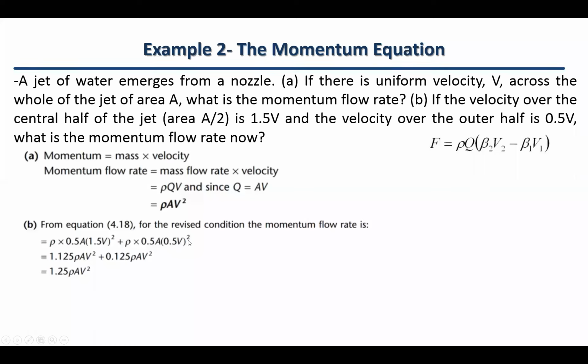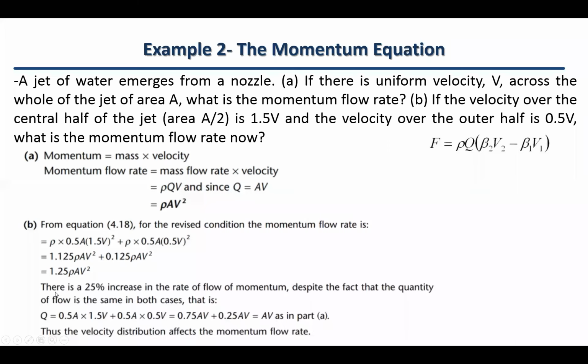If you raise these to the power 2, multiply by half, and add them up, we get 1.125 rho A v squared, plus 0.125 rho A v squared. So the result is 1.25 rho A v squared. The answer is as simple as that.